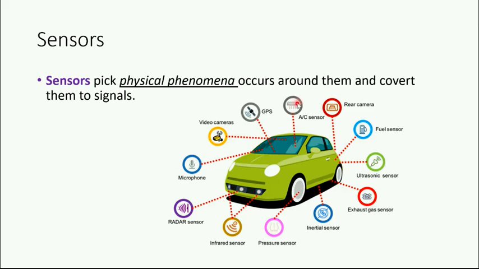Okay. Like that, the AC has a temperature sensor. Suppose we want to keep the temperature at 26 degrees Celsius throughout the travel, this sensor picks the outside temperature and gives corrective measures so that the inside temperature is always 26 degrees throughout the travel.